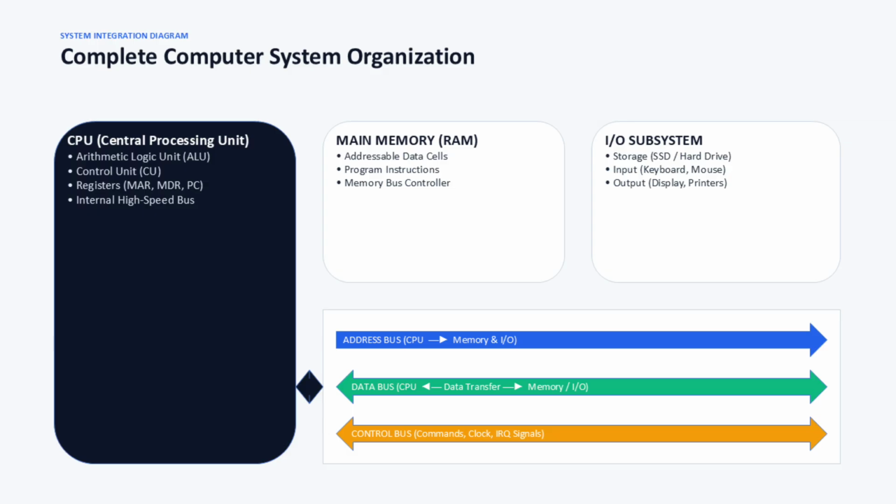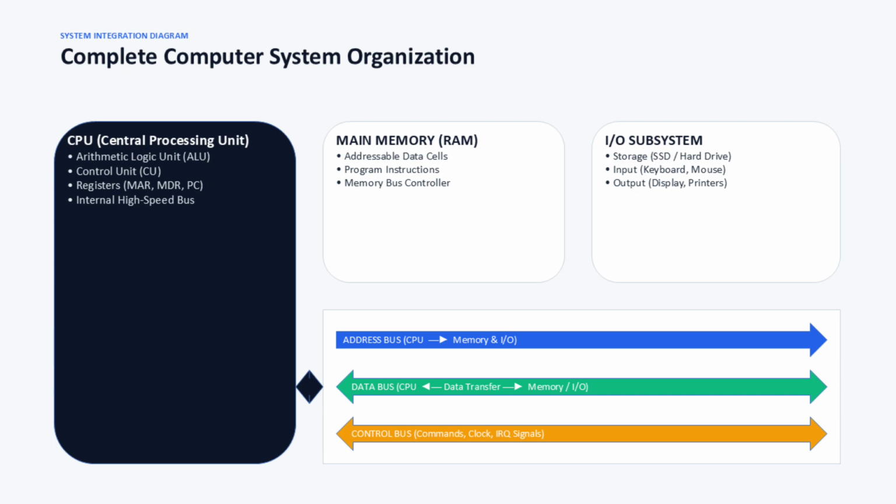Finally, the data bus carries the requested information from memory back to the CPU. The operation succeeds only because all three buses perform their individual responsibilities at the same time. This is why the three buses are often described as working together as a team, each with its own specialized role.